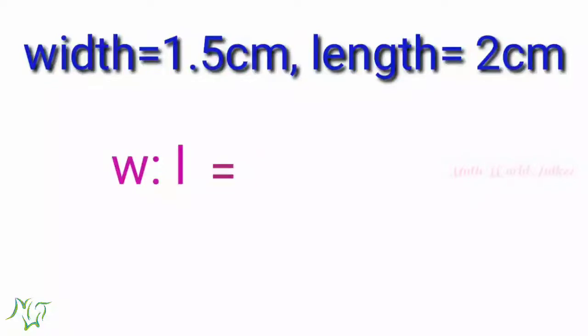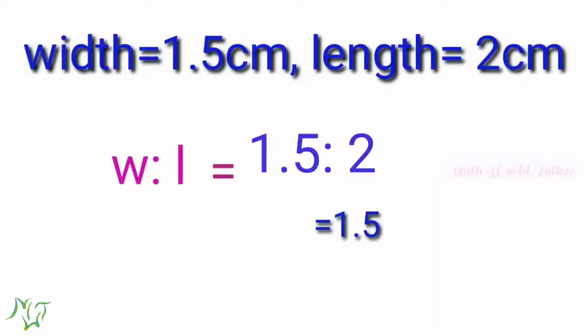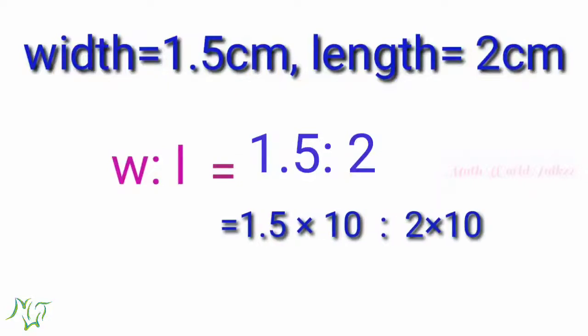So first we can write width is to length is equal to 1.5:2. If we multiply 1.5 with 10, we can change it into counting numbers, that is it become 15. So if we multiply 10 with 1.5, we want to multiply 10 with 2 also, otherwise the ratio will be changed.